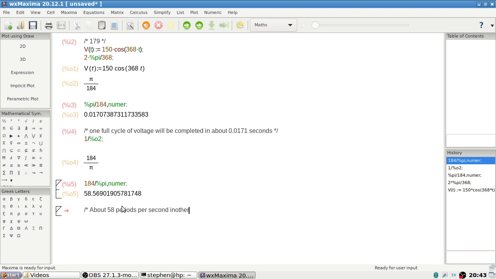In other words, it is running at a frequency of 58 hertz. Now let's see what they say at the back. Approximately 59.